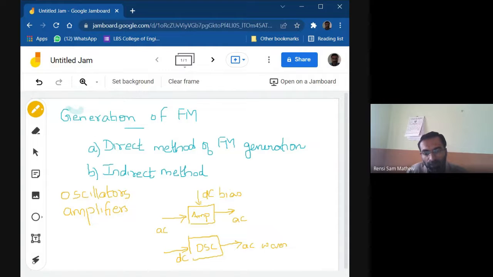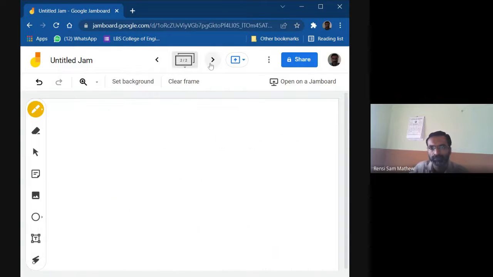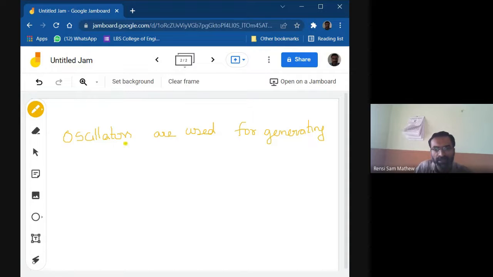So here we are going to use oscillators, because oscillators are used for generating frequencies.